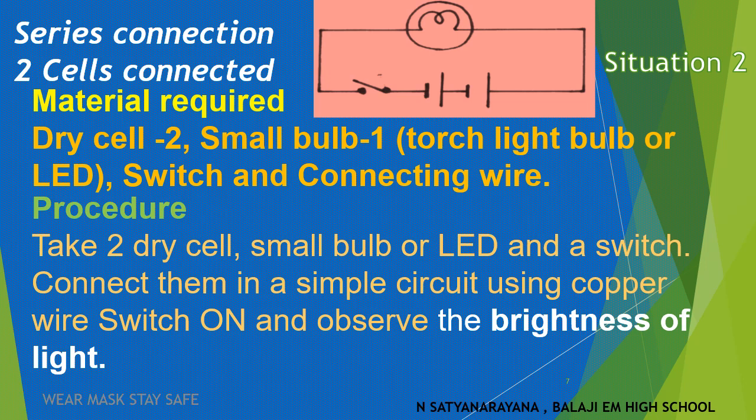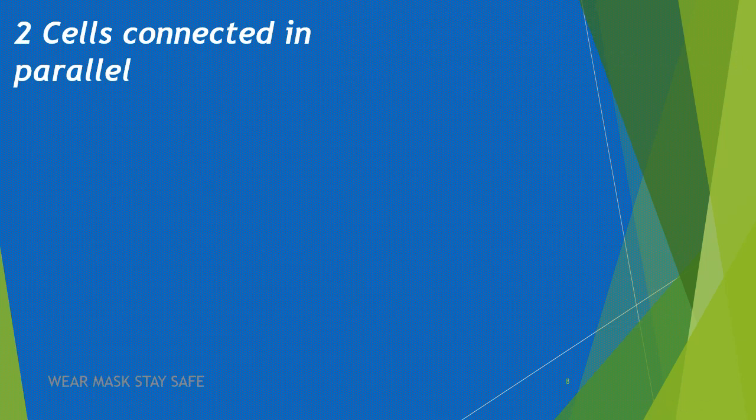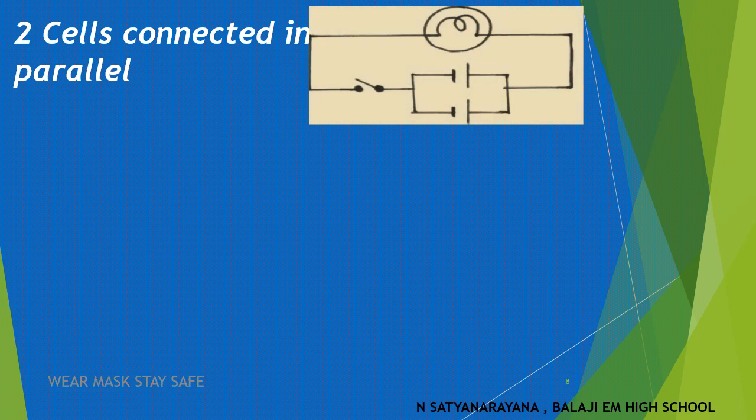Okay. Now let us take another situation where two cells are connected in parallel. See situation 3 and observe the circuit diagram. The two cells are connected such that the two negative terminals are connected to the negative end of the circuit, and the two positive terminals are connected to the positive end of the circuit.